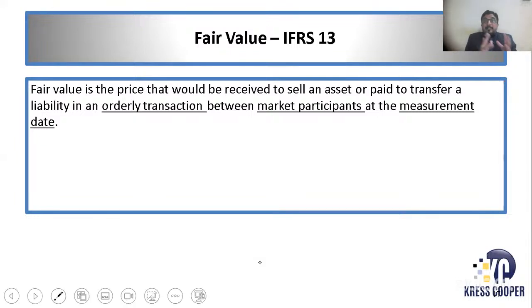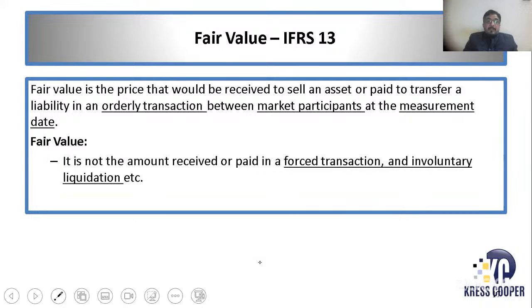Fair value of an asset is the price at which the asset can be sold, and fair value of a liability is the amount at which the liability will be transferred in an orderly transaction among market participants on a measurement date. So this is the definition of fair value as per IFRS 13.